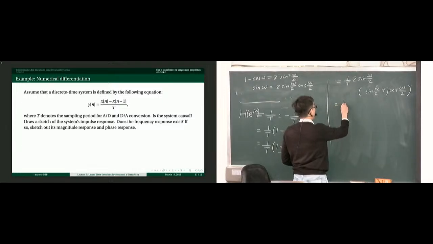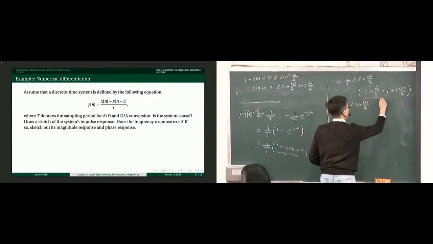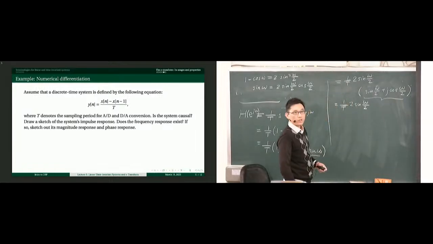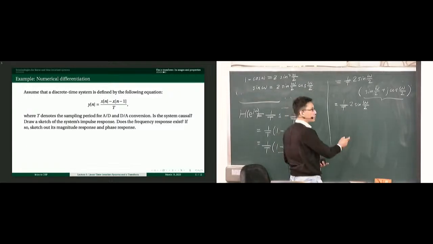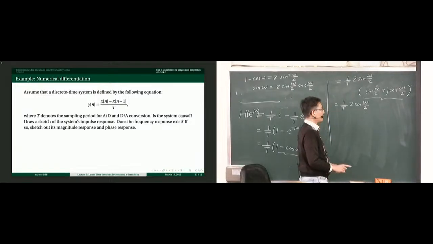So 1 over T is still here, 2 sine omega divided by 2. But then what is here? This is a point on the unit circle, actually. This is just a very nice trick regarding this exercise. Not that important, but bear with me.